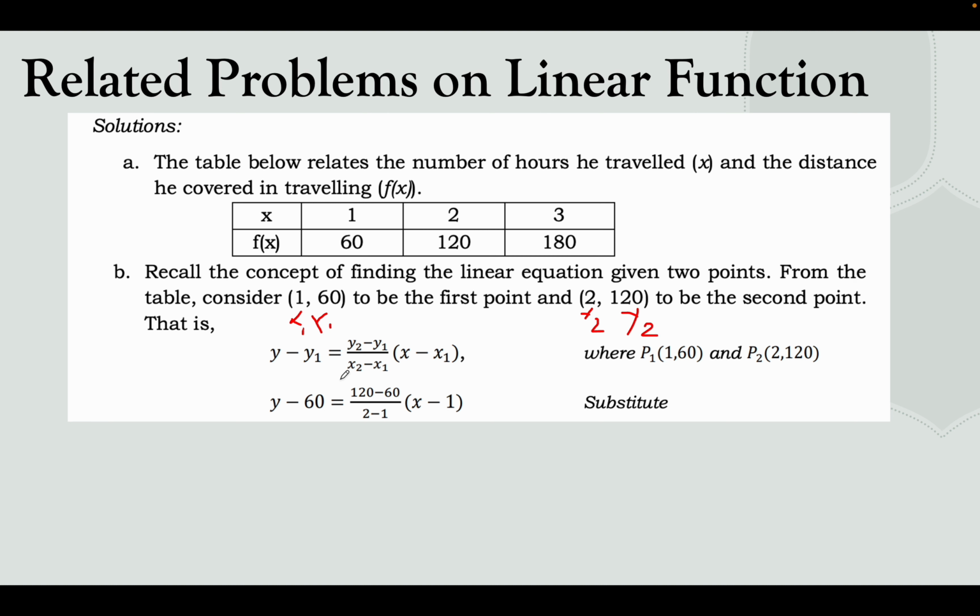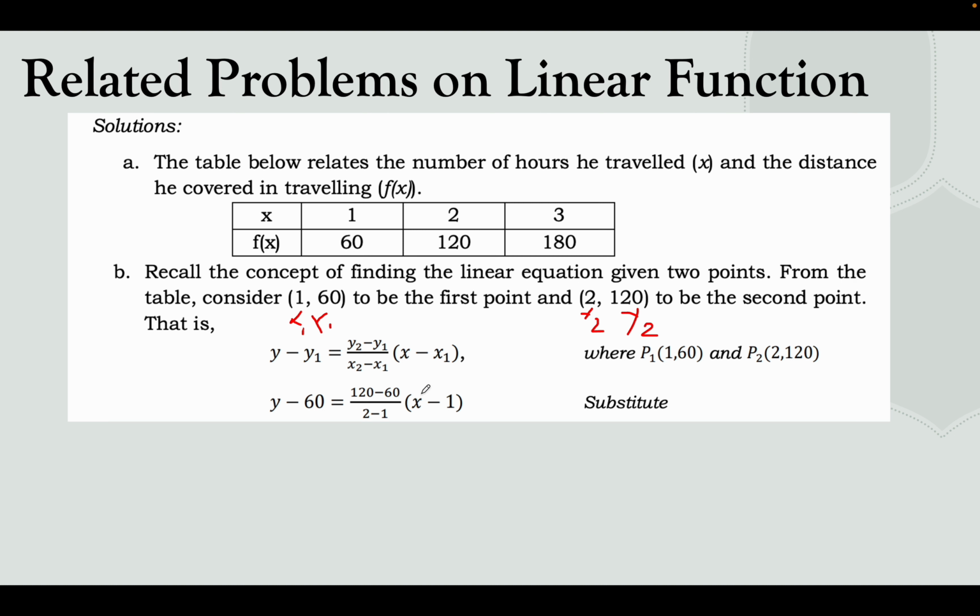Substitute now. Y sub 1 is 60, so y minus 60 equals y sub 2, which is 120, minus y sub 1, which is 60, over x sub 2, which is 2, minus x sub 1, which is 1, times x minus x sub 1, which is 1.